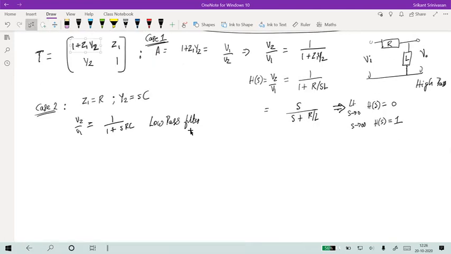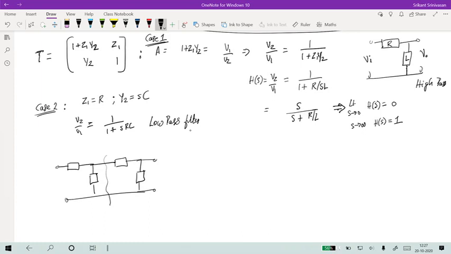Supposing I have two of these, let's say that I have a network which looks like this. What will happen in this case? So the transmission matrix, I can again split this into two, and I know the transmission matrix of each of them.